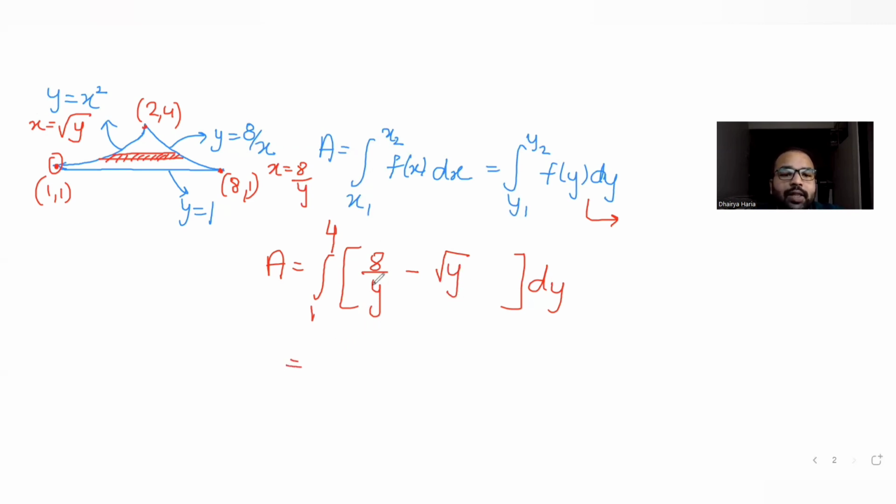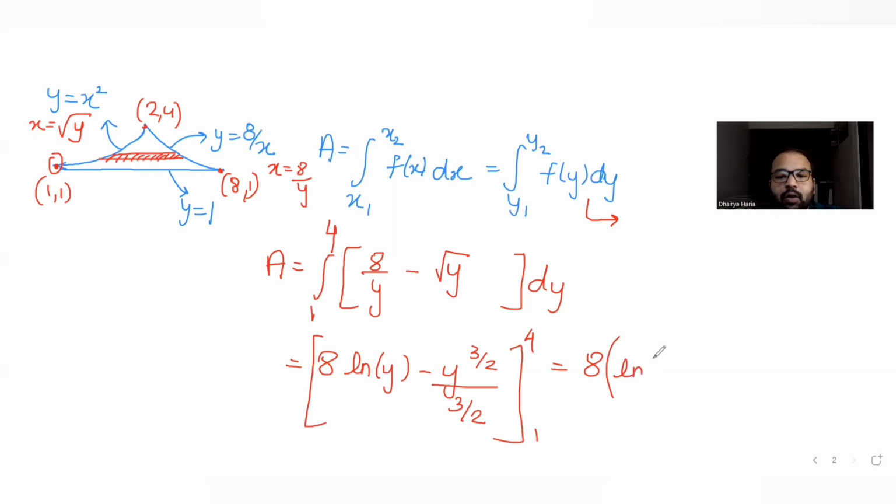Now you know directly the integration: the integration of 1 upon y is log of y, minus root y becomes y raised to 3 by 2 upon 3 by 2, because it is y raised to half, from 1 to 4. That gives me 8 times log of 4 minus log of 1, minus 2 by 3 times 4 raised to 3 by 2 minus 1 raised to 3 by 2.